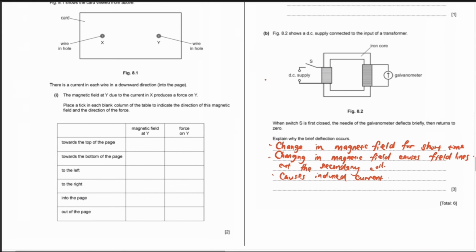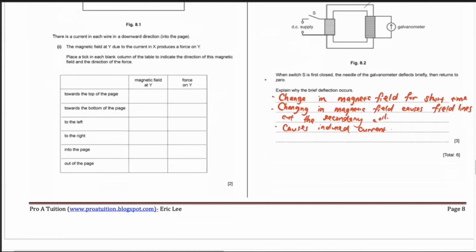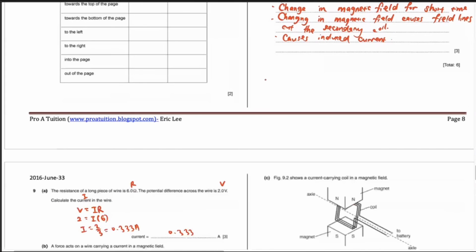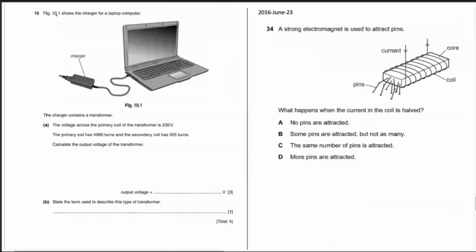Now let's see another one. These questions. So this is about a transformer also. Figure 10.1 shows the charger for a laptop computer. So this is the charger. The charger contains a transformer. The transformer is inside.